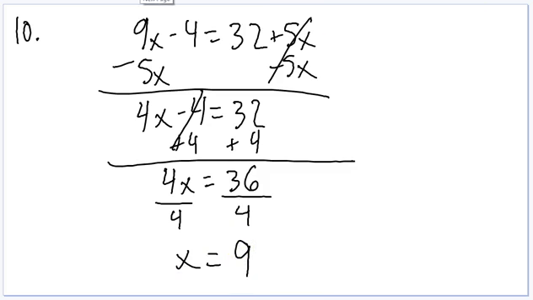All right, number 11. First word problem of the day. So, Manuela is having mugs made for a fundraiser. The cup company will make them for $4 each plus a $30 setup charge.